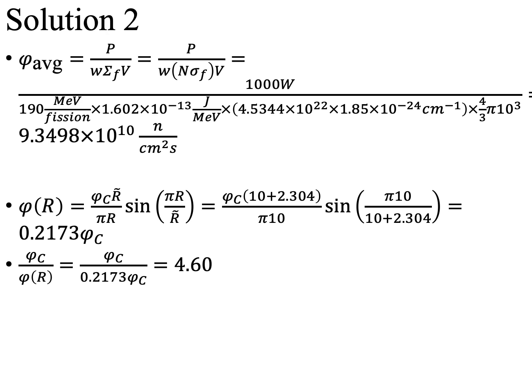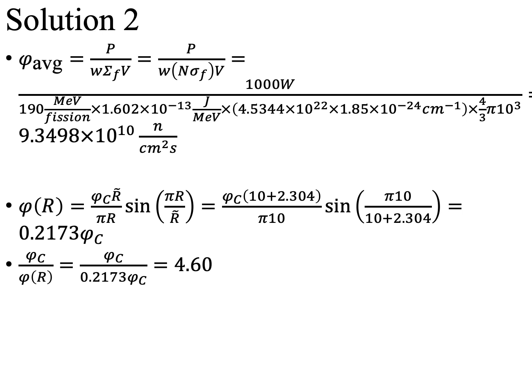The last one determines the center to edge neutron flux ratio. And we have the equation for you to calculate the neutron flux at any location along the radius, which is shown here.